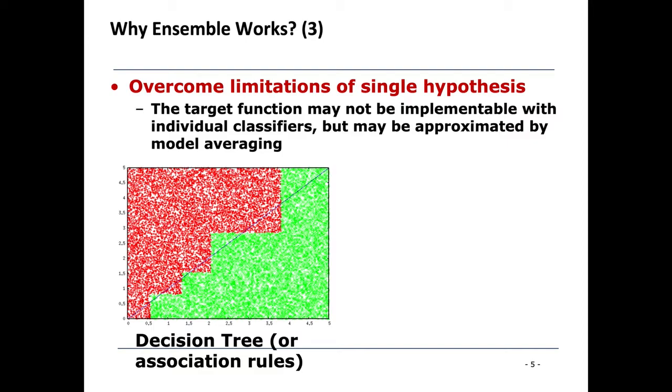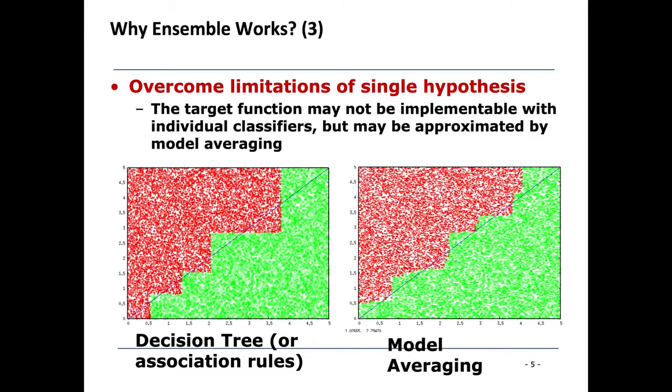Association rules are a different form of decision tree that can equally represent it. But if we do some kind of averaging across the usage of multiple models, we can more accurately represent the decision boundary.